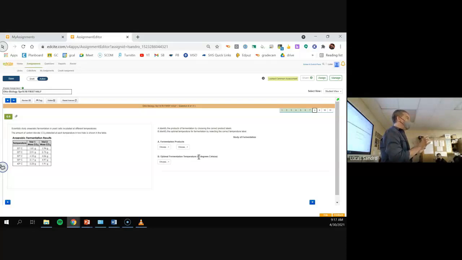It's what makes beer, it's what makes bread rise, the CO2 part. So the first question here is, what are fermentation products? And so hopefully you knew to choose ethanol, which is the alcohol part, and CO2, which is where the carbons go, right? Or where the third carbon goes. And so the reason they're measuring mass of CO2 is because CO2 is a product of fermentation. More CO2 means there's more fermentation happening. So optimal fermentation temperature is what?